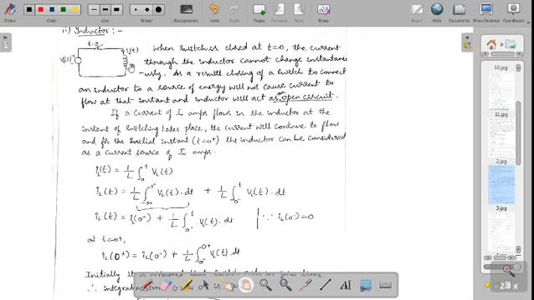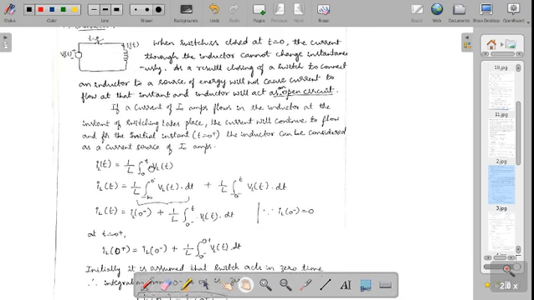The inductor opposes the change in current directly as a result of closing the switch to connect an inductor to a source. So when you close the switch, the inductor opposes the sudden change in current.